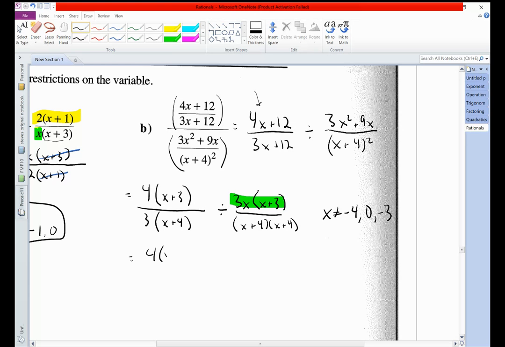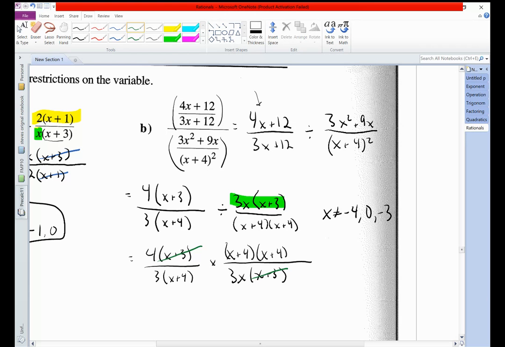4 multiplied by x plus 3 over 3 multiplied by x plus 4 multiplied by x plus 4 times x plus 4. And on the bottom, now we have 3x, x plus 3. And we can start canceling things out because we have an x plus 3 and an x plus 3.